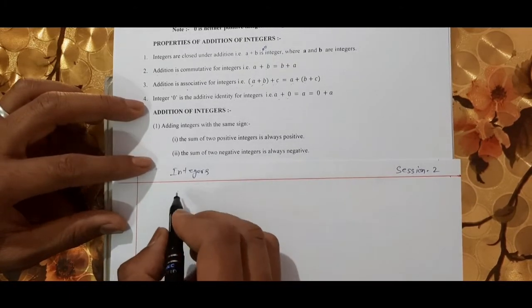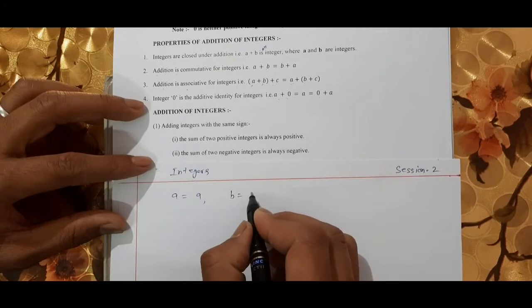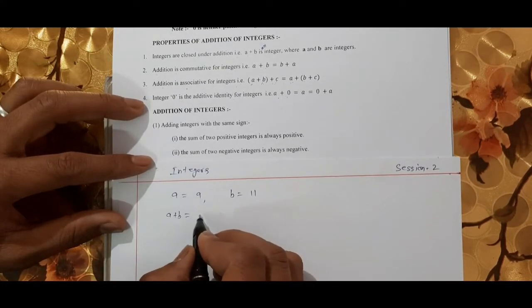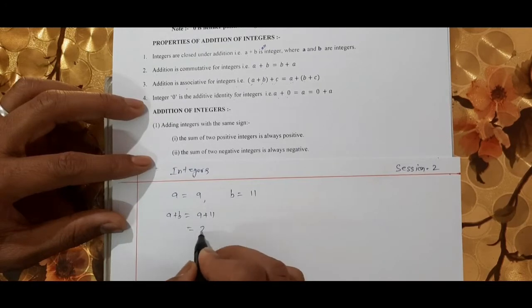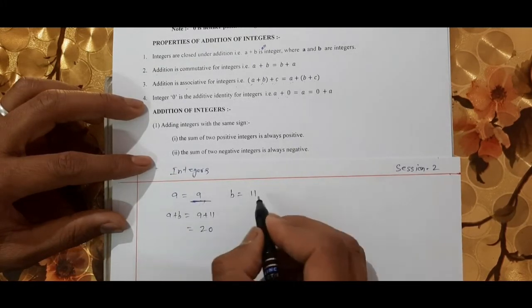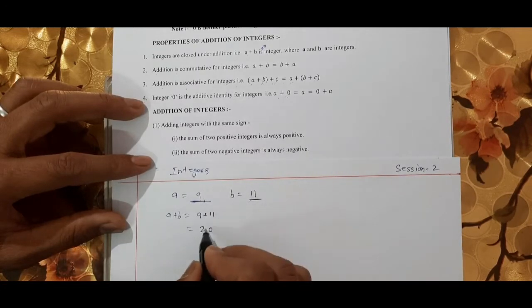For example, we have two integers a equals 9 and b equals 11. Then a plus b equals 9 plus 11 equals 20. We can see a is 9, b is 11, both are positive. Then the result is also positive.